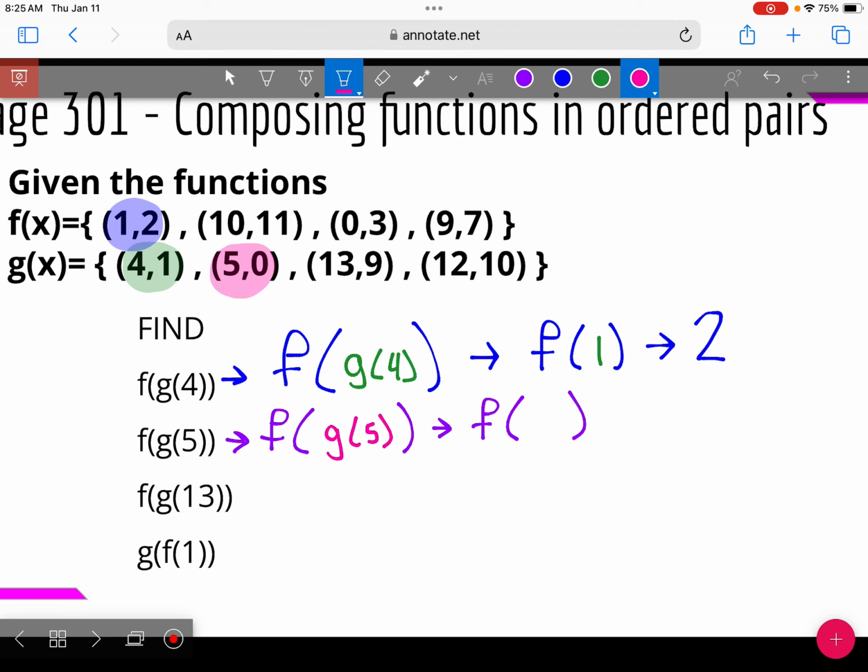So what's y? 0. So then we're looking for what is f of 0? We look for when x is 0. So f of 0 is 3.